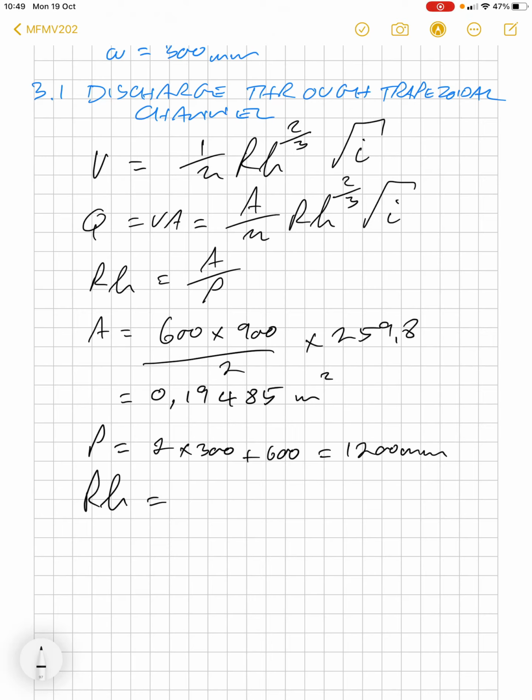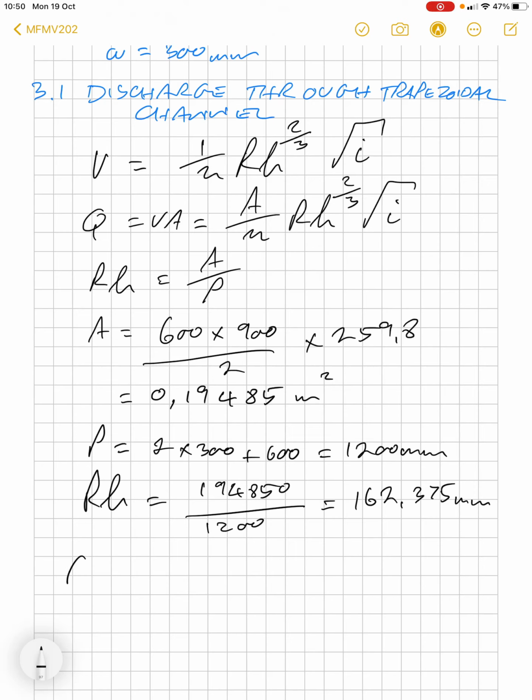Our mean hydraulic radius is area over perimeter, so that would be 194,850 divided by 1200. Make sure that you're using the same units. 162.375 millimeters.